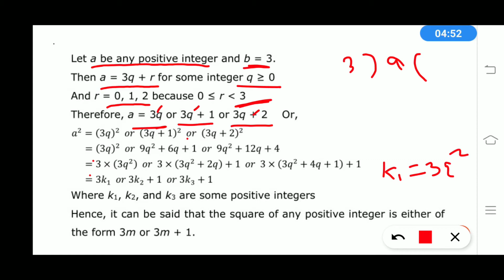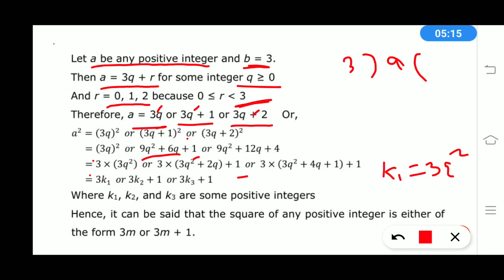Similarly, 3q plus 1 whole square, that means a plus b whole square form. So 9q square plus 2ab, that means 6q, plus 1. So if we take 3 common from the first two terms, that means 3 times 3q square plus 2q, and plus 1 remaining.